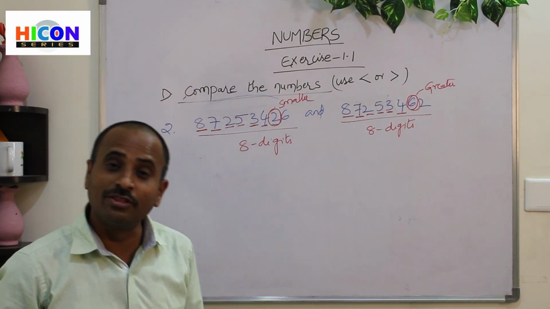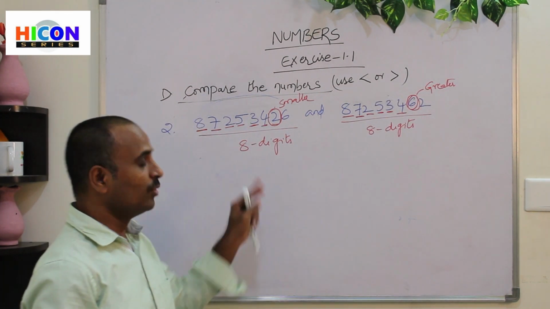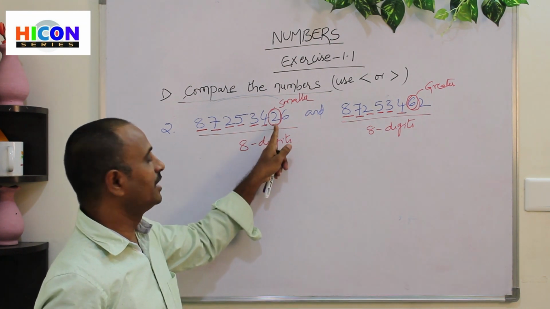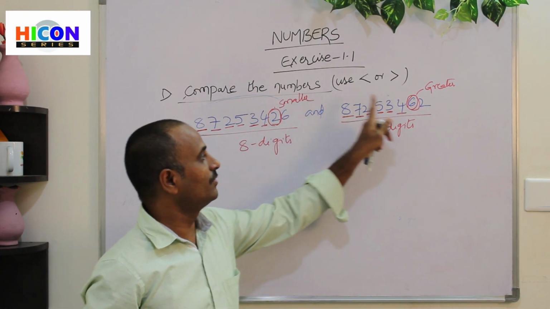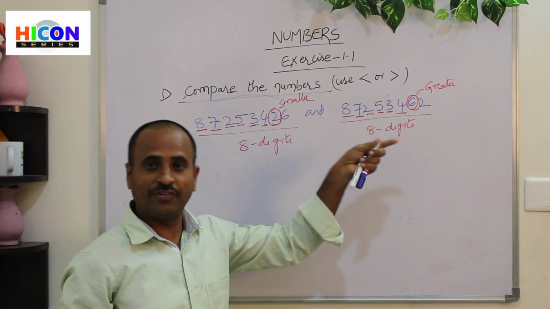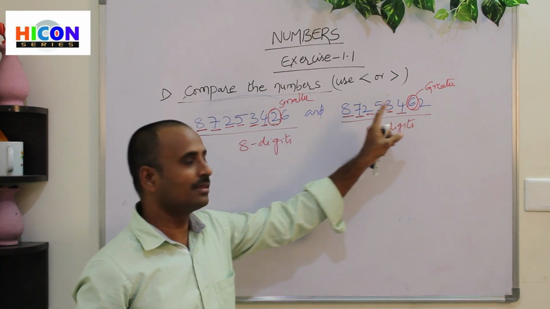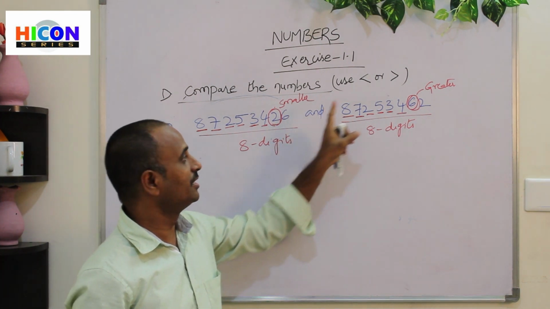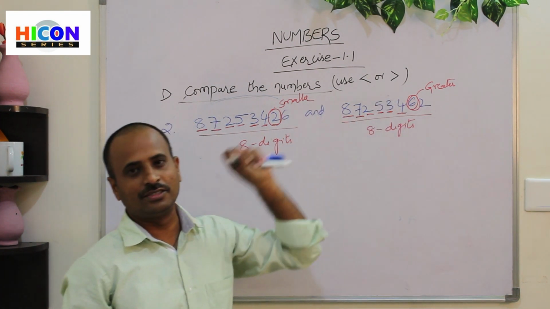So here the seventh digits are different in both the numbers. The seventh digit in the first number is 2 and the seventh digit in the second number is 6. Among 2 and 6, the digit 2 is a smaller digit and the digit 6 is a greater digit.